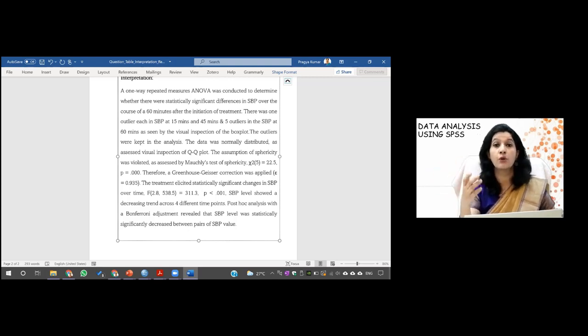And you can remove the effect of matching also, because in an independent sample t-test you have to take groups which are very similar in both groups. But in a repeated measure ANOVA, the subject acts as his or her own control. So you remove that variance, that deviation, to a larger extent.